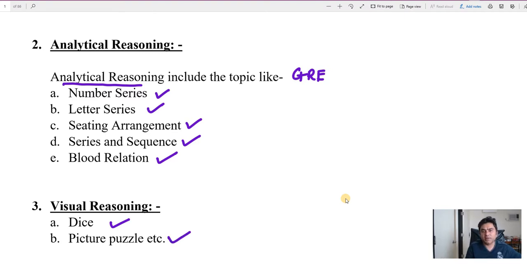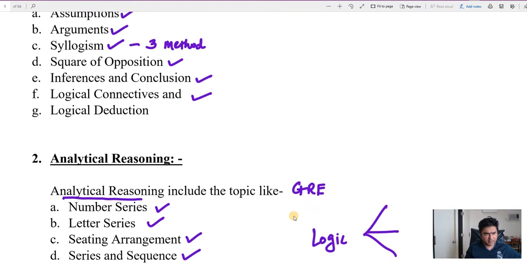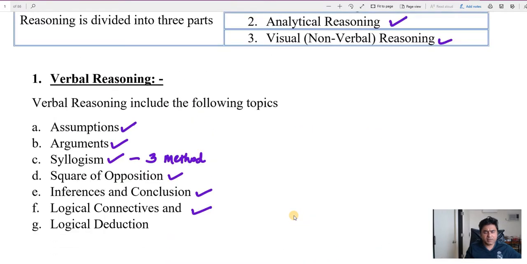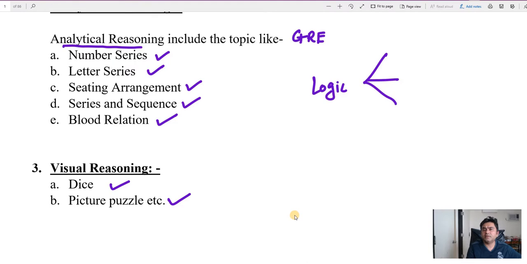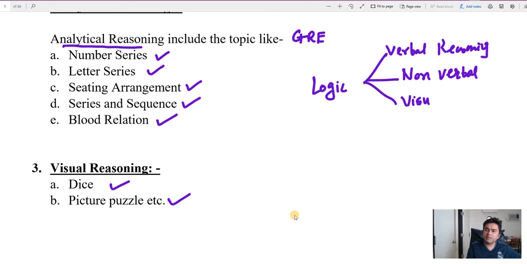So when I say the word logic, there are basically three types: number one is verbal reasoning, then non-verbal, and the last one is visual or picture based. These are the entire gamut of reasoning.